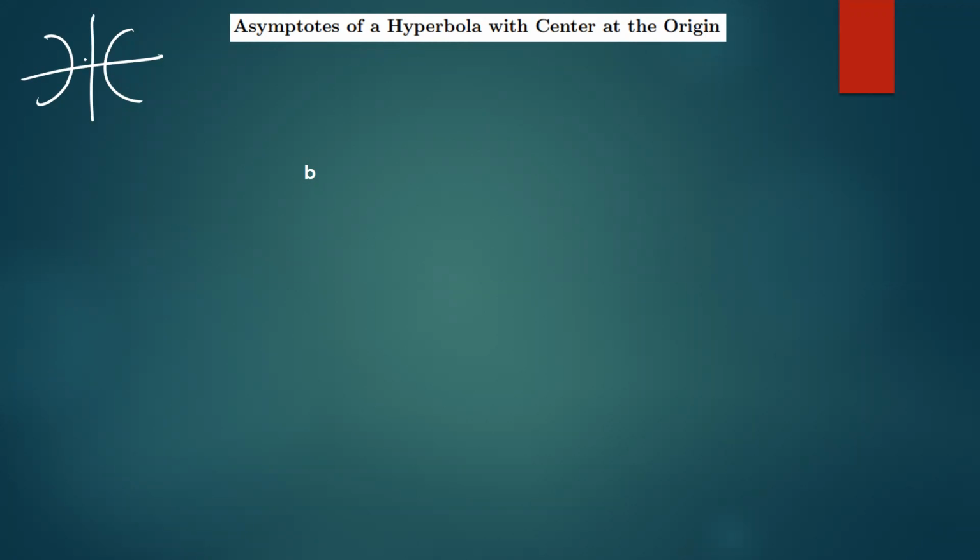So if this is the hyperbola that you have, to find the equations of the asymptotes, you simply have to get the equation of this curve. The general formula of this equation is x squared over a squared minus y squared over b squared.